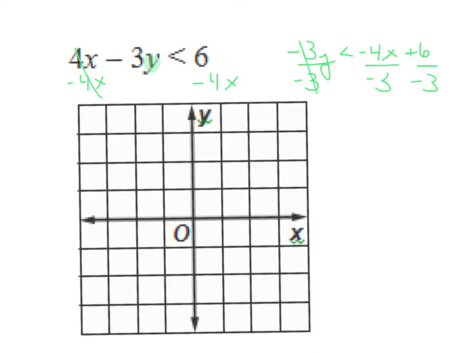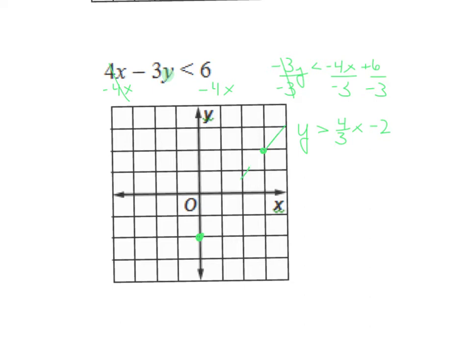Now, just like when we did inequalities back in chapter 3, when you divide or multiply by a negative, remember that inequality symbol has to change directions. So it's actually going to be y greater than 4/3 x minus 2. Now I'm going to start at -2 on my y-axis. I've got a slope of 4/3, so I'm going to go up 4 and then right 3. Again, no equal sign, so it's going to be a dotted line.